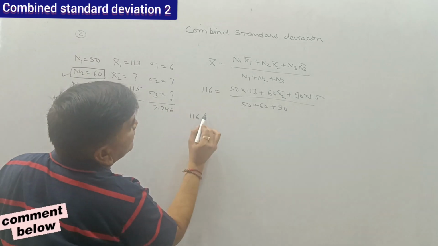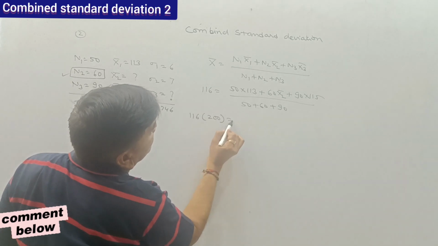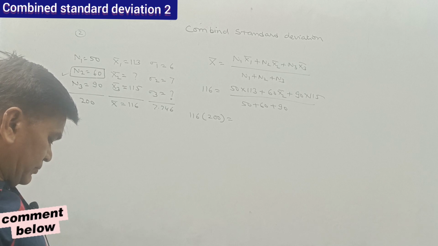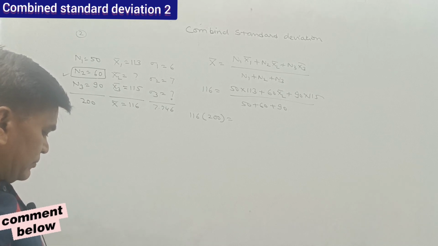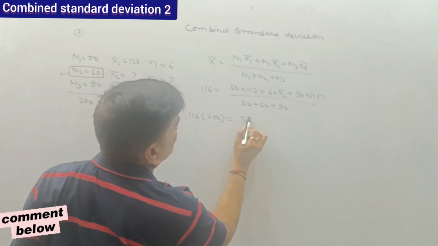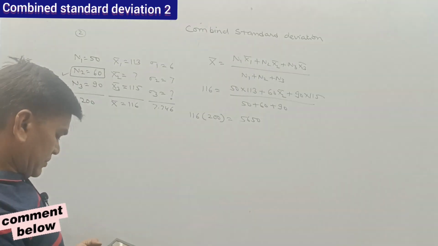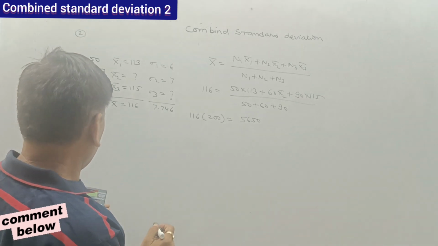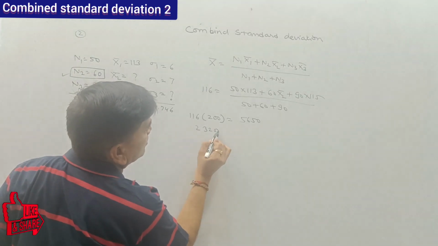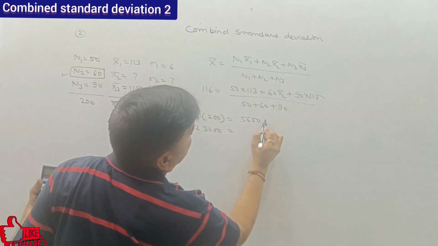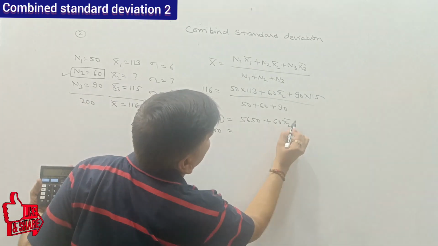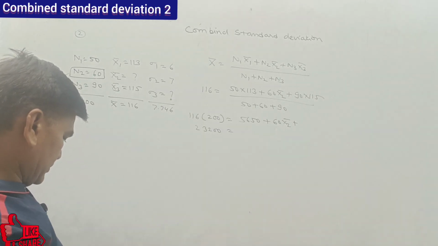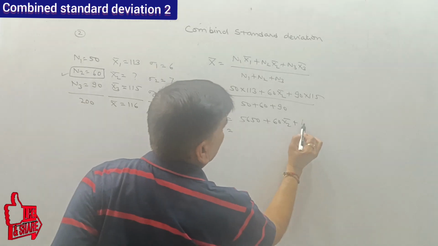So 116 multiplied by 200 equals 50 multiplied by 113, that is 5650, plus 60 X bar 2, plus 90 times 115, that is 10350.